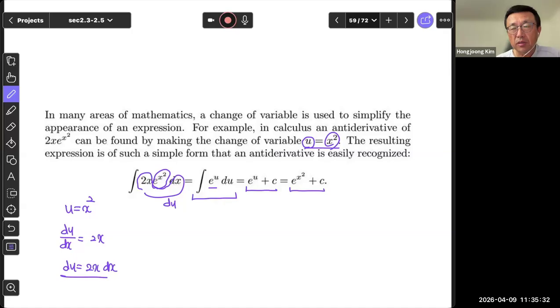So such change of variable is quite common in mathematics, and it has many names.